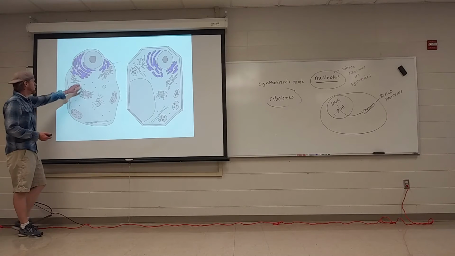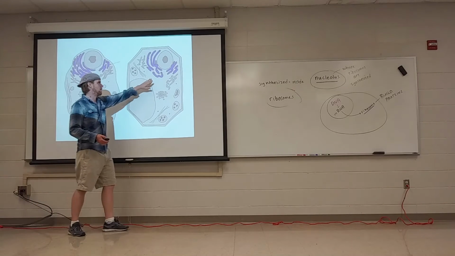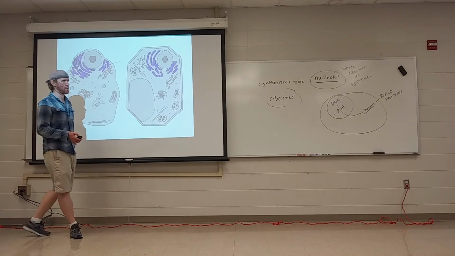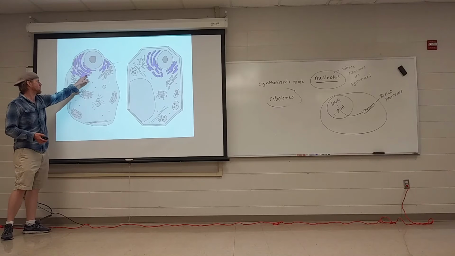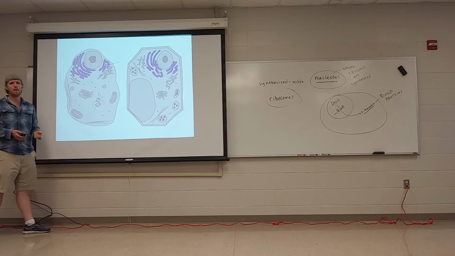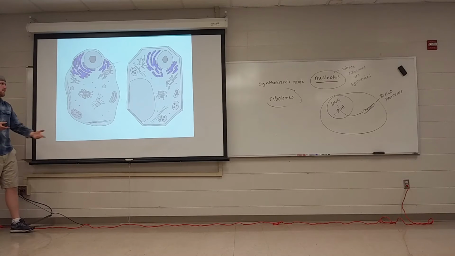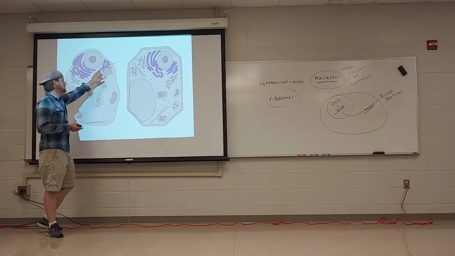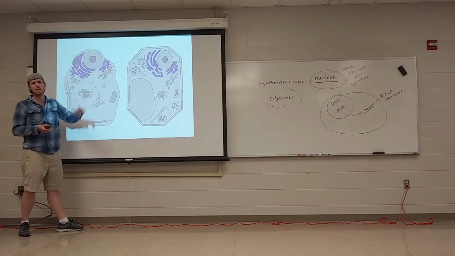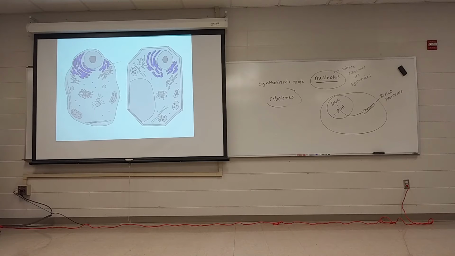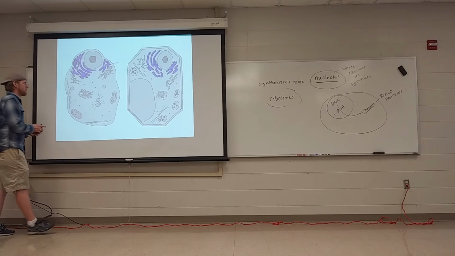This blue is the rough endoplasmic reticulum, aka the rough ER. Dotted with ribosomes. In fact, it's called the rough ER because if you were to blow this up and make it three-dimensional and run your fingers against it, you'd feel a lot of bumps of ribosomes. It's very rough in that regard. Remember endomembrane, the structure of it.